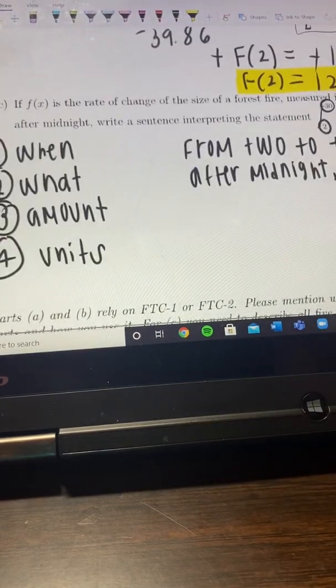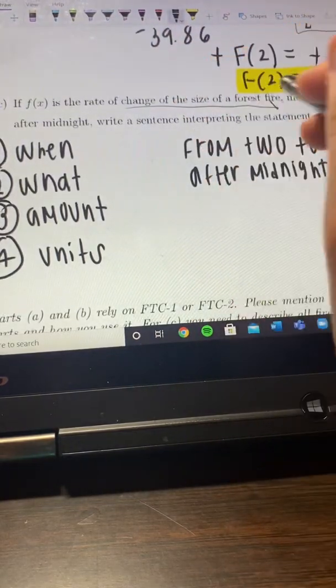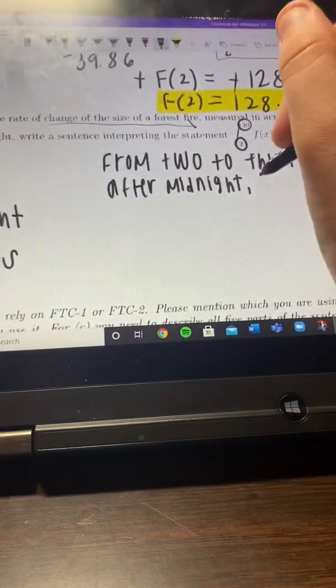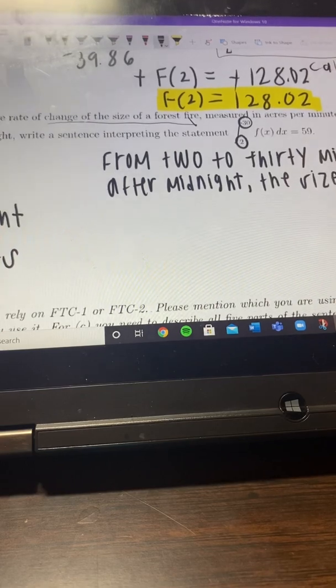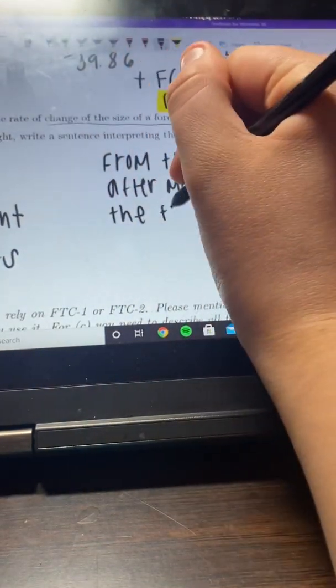And then we're gonna be looking for what we are measuring, and we are measuring the change of the size of the forest. So we're gonna write the size of the forest fire.